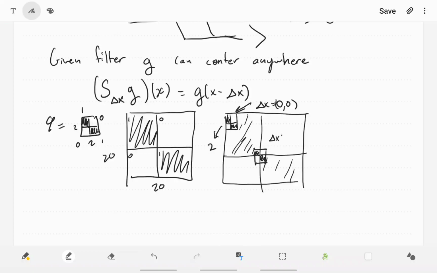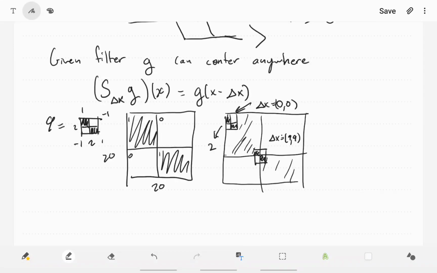So this is delta x equal to 9 by 9, so that you shift it so that it's right over the center. Then you would get, let's actually make this a little bit different. Instead of zeros, let's make it -1. There's nothing keeping the pixel values from being negative.